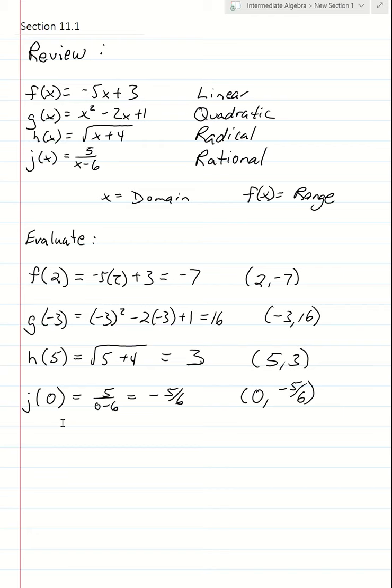You may recall other things that we did pertaining to functions. We talked about identifying the domain, of course, in which case, remember, we are looking to see if there are any restrictions on the values of x.